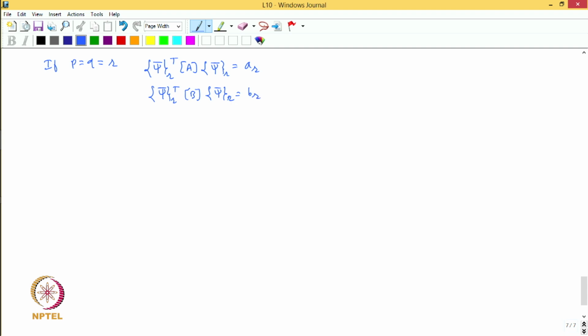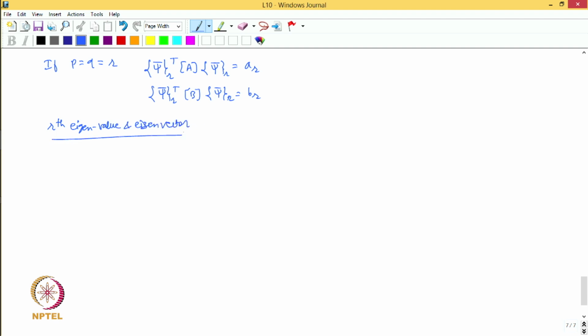And is there a relationship between AR and BR? That we can work out by substituting, if you look at the rth eigenvalue and eigenvector.